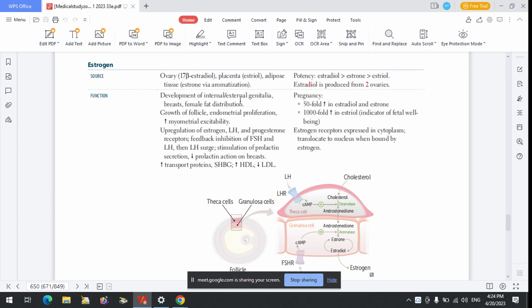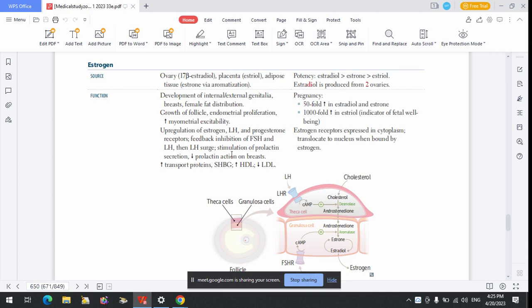So if they cross the cell membrane of the cell they want to act on, they bind to their receptor in the cytoplasm, and the receptor-hormone complex translocates into the nucleus and binds to a specific DNA domain that encodes a particular protein that the hormone wants to express. Let's say that estrogen now wants to upregulate progesterone receptors. Progesterone receptors are proteins, and you know that DNA encodes protein.